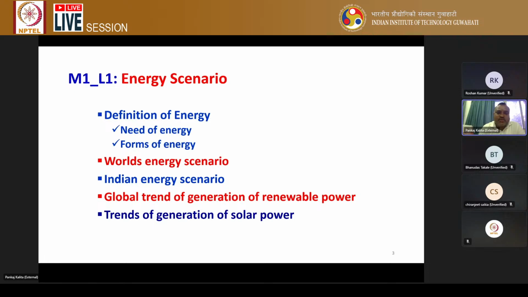The energy scenario was somewhat old, but in today's form, if I have to tell, the energy mix is about 50.5% of energy coming from fossil-based energy resources, and about 49.5% coming from non-fossil-based energy resources. This includes large hydro as well.